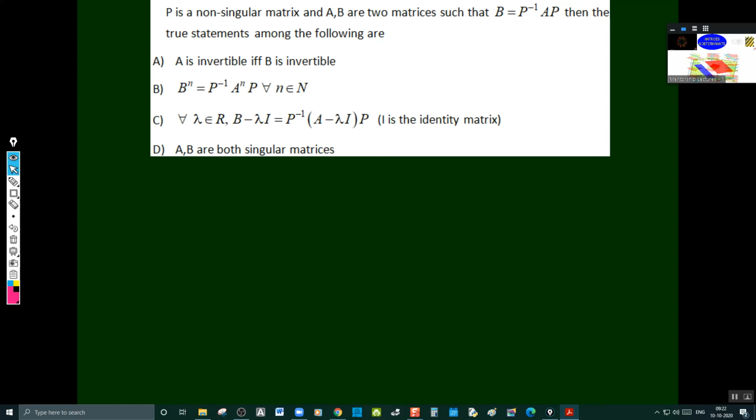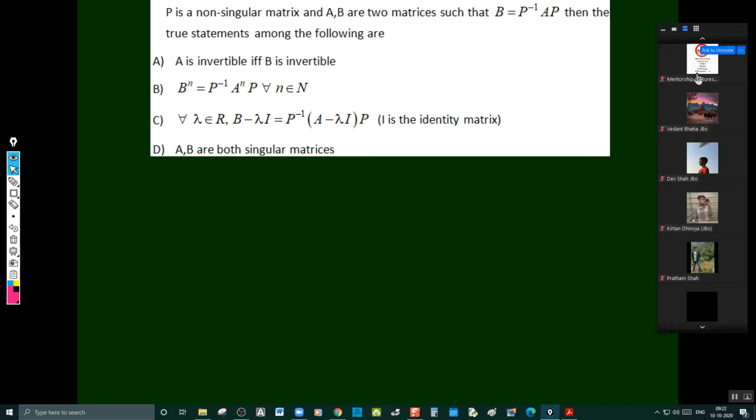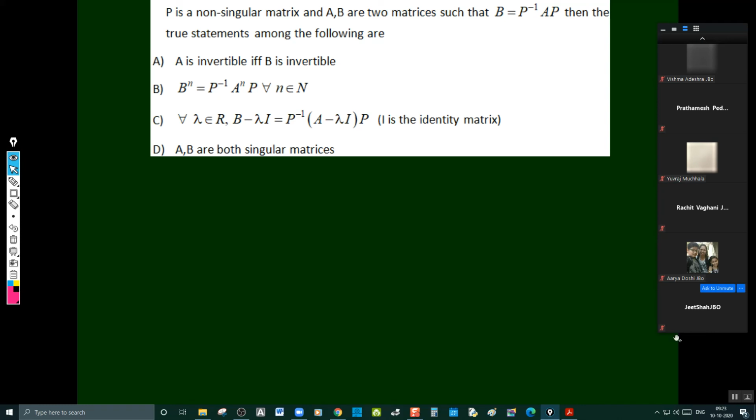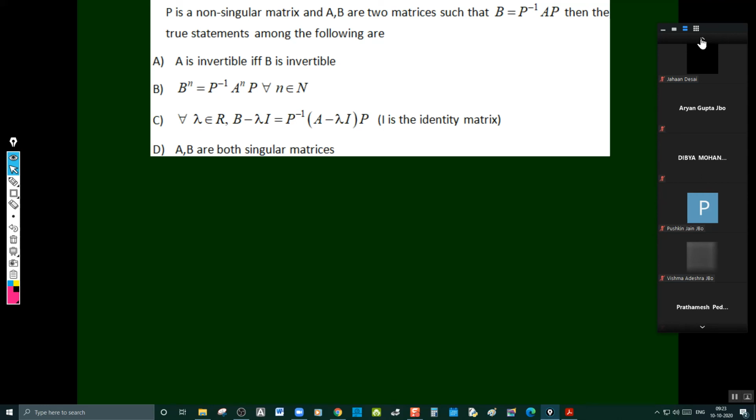Priyanshi is there in the class? Priyanshi? Let me check. Because continuously teaching, she might have slept. But I think she's not in the class. Otherwise, she responds faster. So she is present.